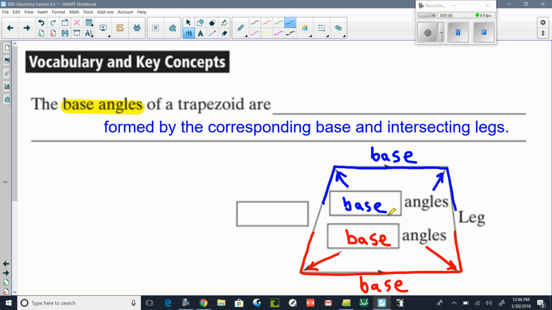So base angles kind of come in pairs. These two angles right here would not be considered base angles together. These two angles are formed by this leg. These two angles would be supplementary, but those would not be considered base angles. If this is a leg over here, we know that this is also mathematically referred to as a leg.